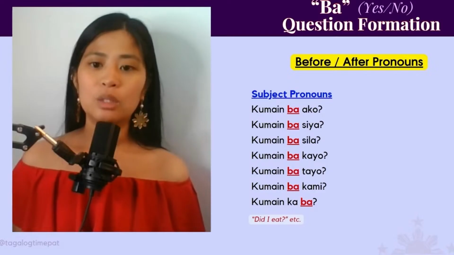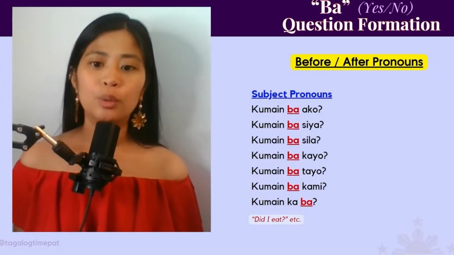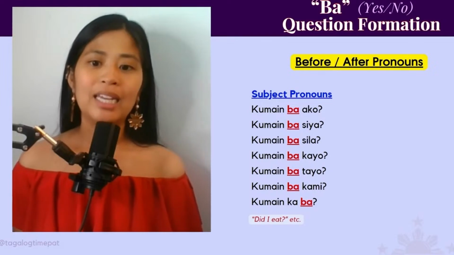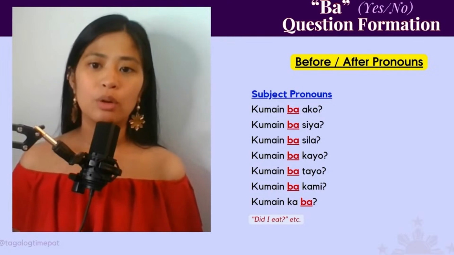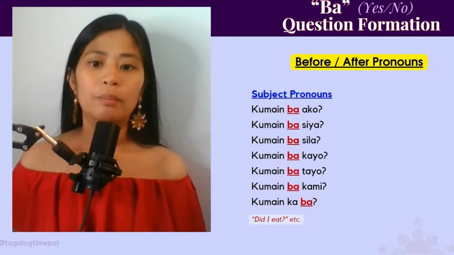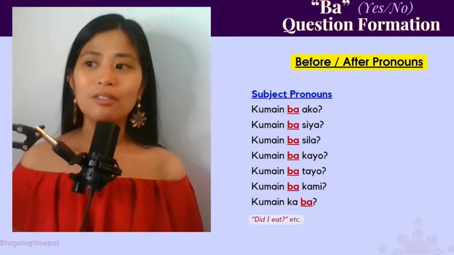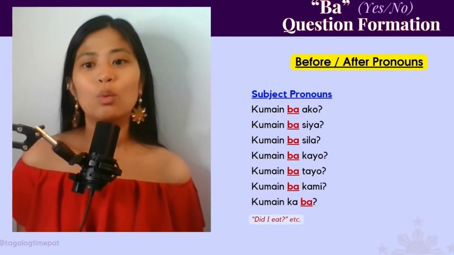But take a look at this pronoun. Kumakain ka ba? Ka. When you are using the singular you, ka, ba goes after that. Kumakain ka ba? And that's the only pronoun in the subject pronouns when ba would go after it. And I haven't found a rhyme or reason why this happens.